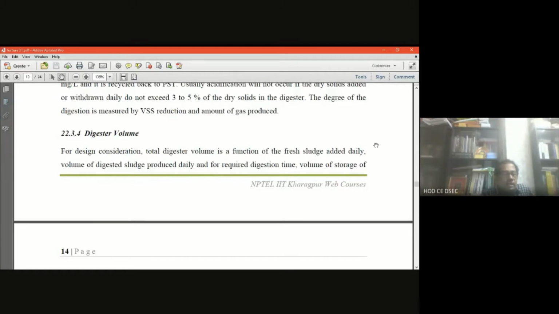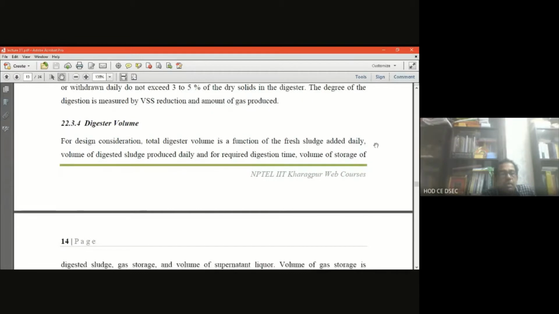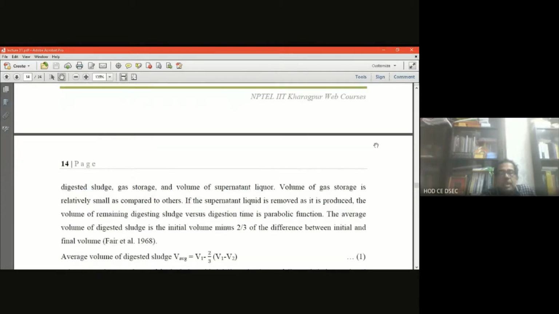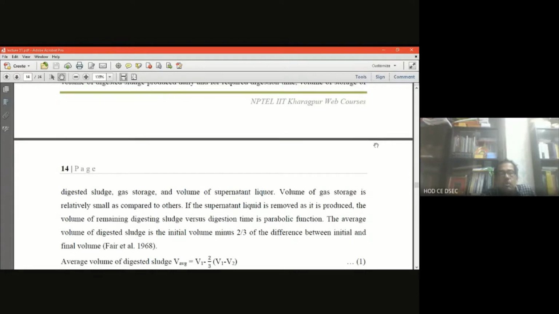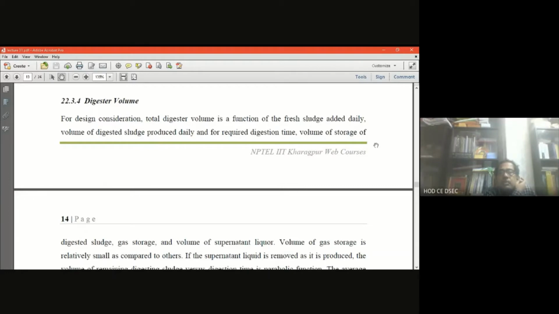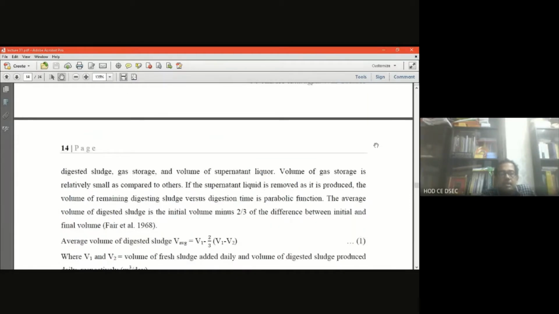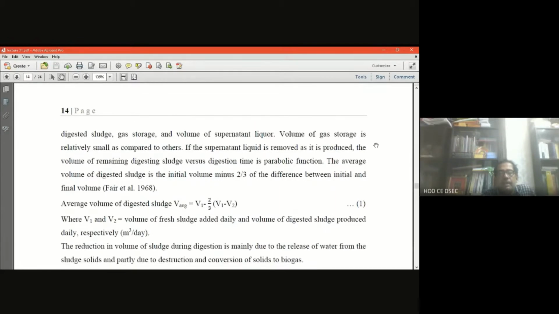Now, for design consideration, total digester volume is a function of the fresh sludge added daily, the volume of digested sludge produced daily, and for the required digestion time, the volume of storage of digested sludge, gas storage, and the volume of supernatant liquor at the top.